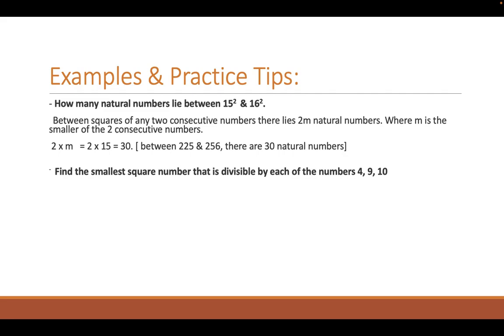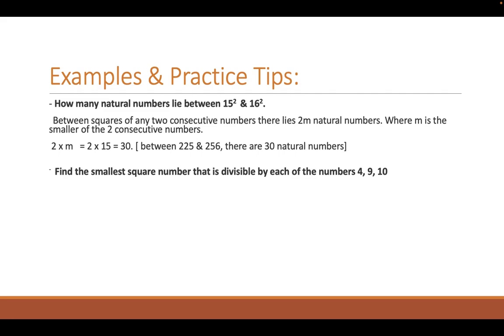Find the smallest square number that is divisible by each of the numbers 4, 9 and 10. How will you figure out this kind of question? You need to know the common factors, then only can you figure out the smallest square number.